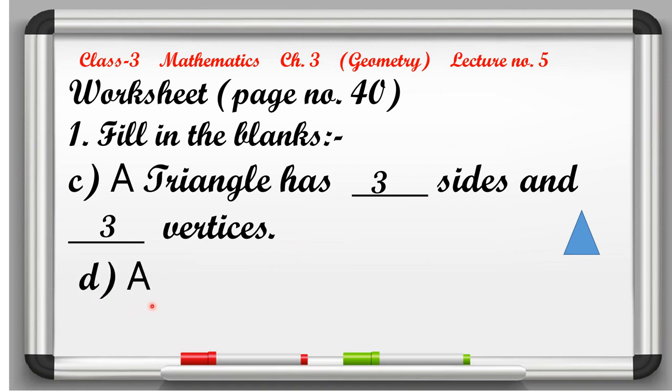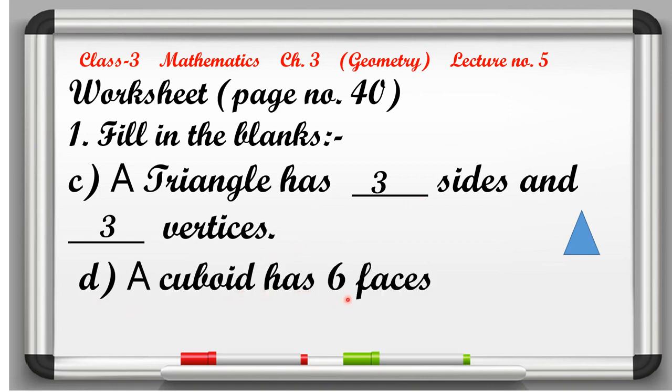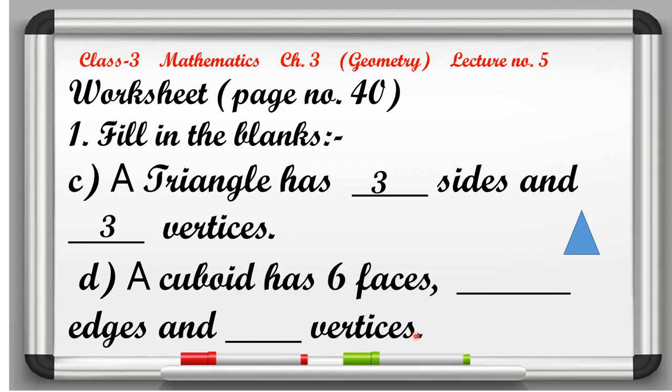Now in D part, a cuboid has 6 faces, dash edges and dash vertices. So first we will draw a small cuboid shape here. Now beta, faces are already given. We have to write its edges. How many edges in a cuboid? That are 12.